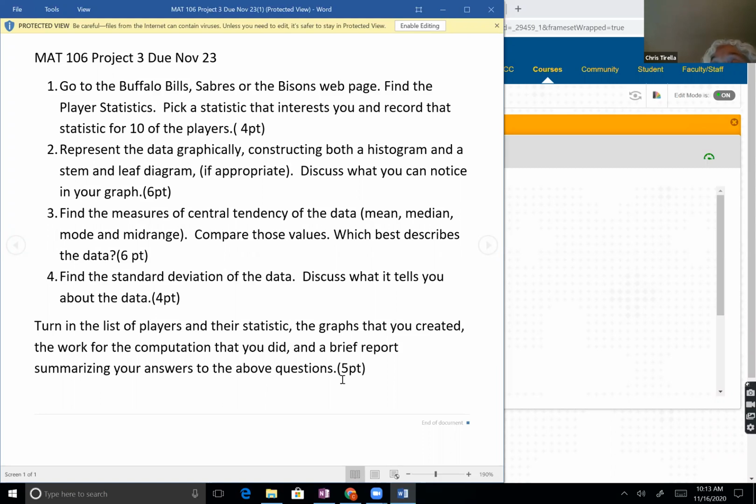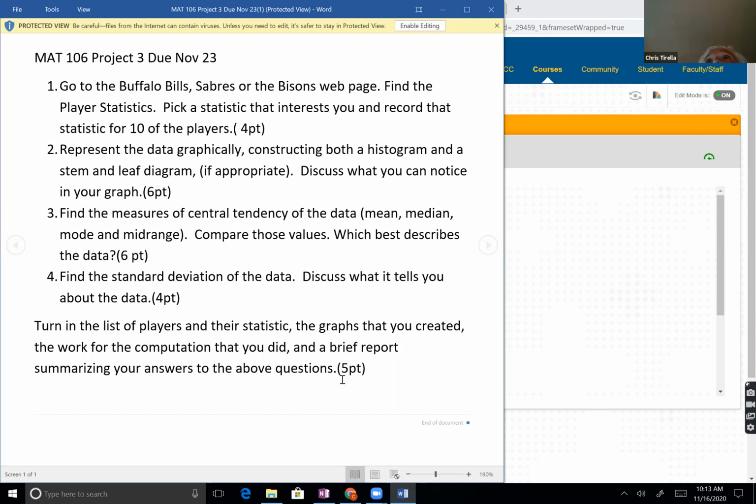For the central tendency, how would I know which one best describes the data? You're going to just look at the numbers, and it's an opinion. You're going to say, which of those numbers do you think is a best description? When we looked at something like ages of people in class, when we included me, we decided the mean wasn't real good because of the older ladies.